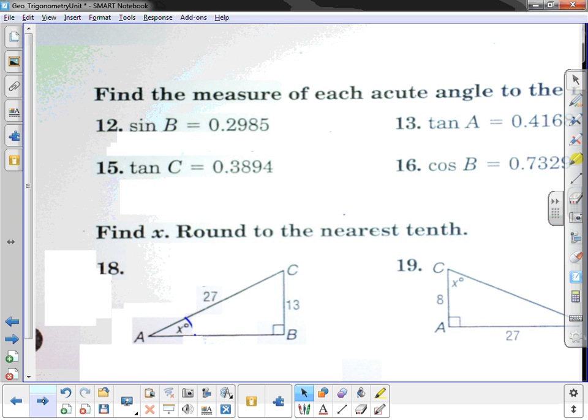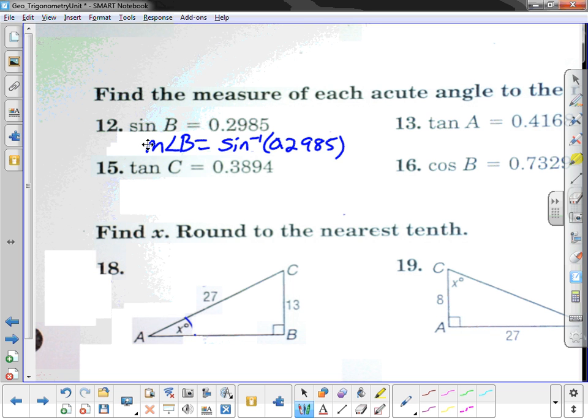So let's try a few. What if the sine of B is 0.2985? That means the measure of angle B has to be the arc sine, or inverse sine, of 0.2985, which gets us around 17.4 degrees when I round it to 1 decimal place. I don't only have to do this in sine, it'll work in cosine and tangent.